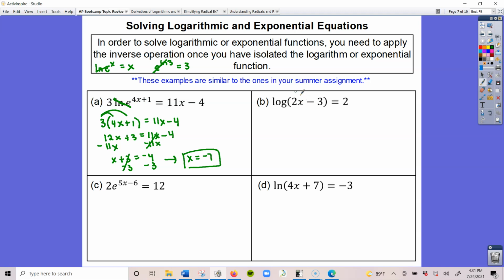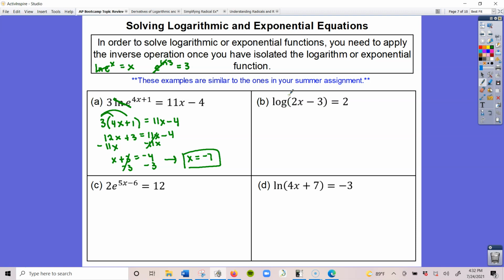Now here we don't have an inverse of this log. We learned that ln and e are inverses, but how do I know how to cancel out an actual logarithm, not the natural log? Well, that depends on the base. Notice in this example, we don't have that little number to tell us what the base is.